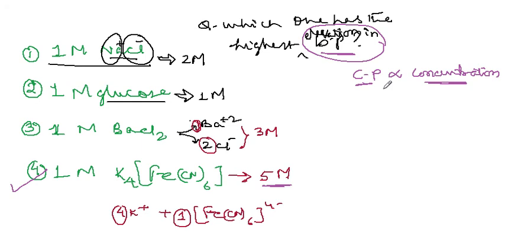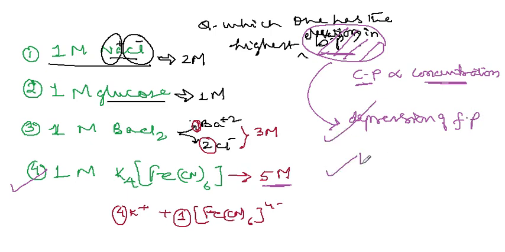And related to this, we may also possibly get some other questions like this. Instead of the elevation in boiling point, they could possibly ask which of the following will have the lowest freezing point, or which one would have the maximum lowering of vapor pressure, or which one would have the highest osmotic pressure.